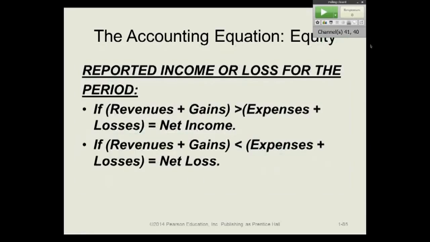Income is only what you see there. Net income results if revenues and gains exceed expenses and losses, and is a loss if revenues and gains are less than expenses and losses. It's as simple as that. We're going to get more formal in just a few minutes, but those are clearly the definitions you need to know.